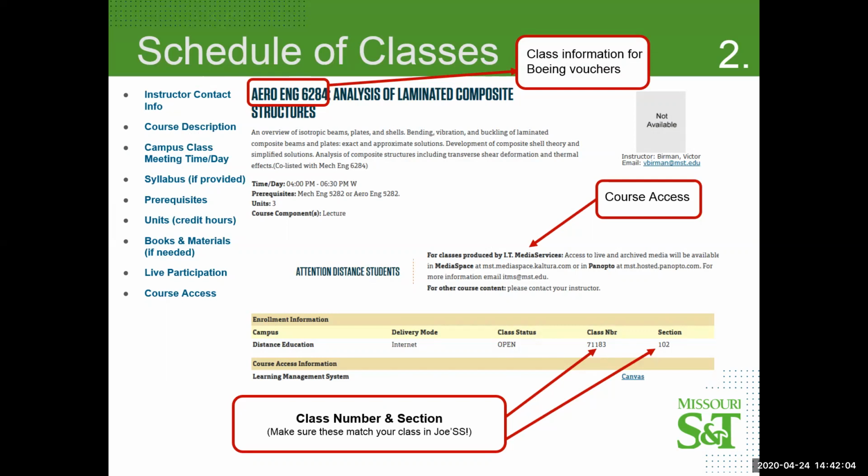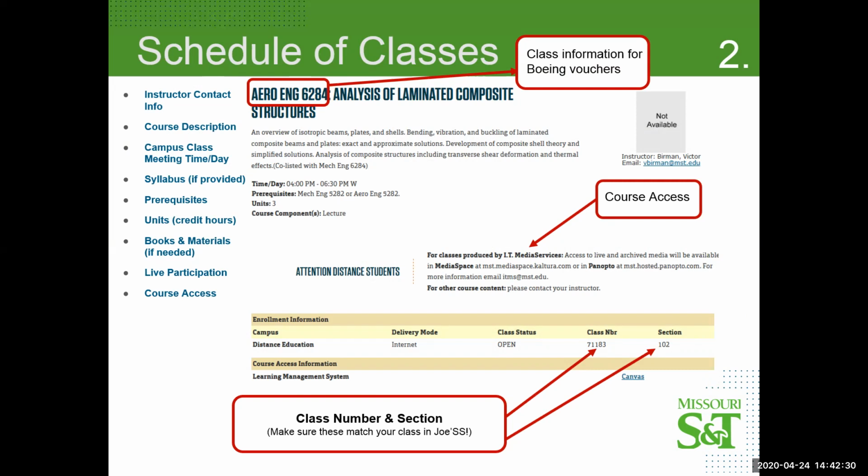The other information that you will see here is the instructor contact information, course description, campus class meeting time and day. Now you might be wondering why that's on there when it's a distance class and you're a distance student. Basically, some of these are blended classes.